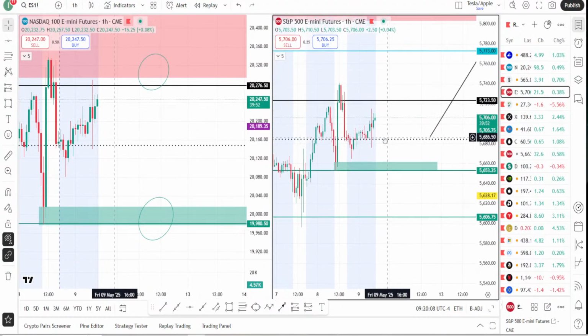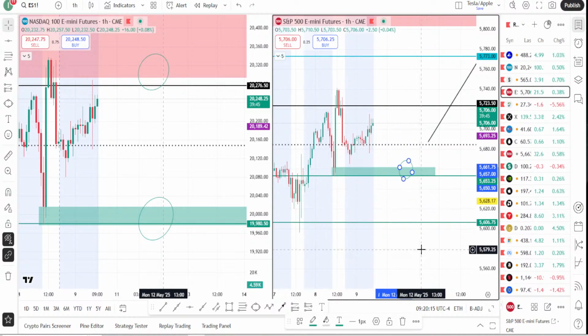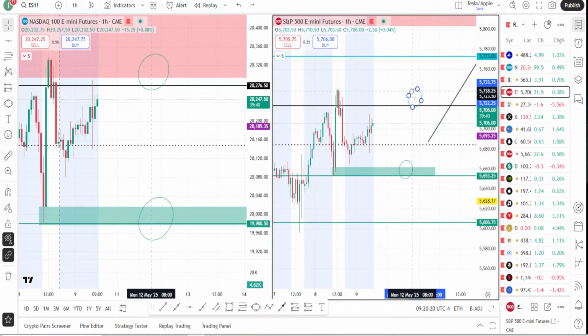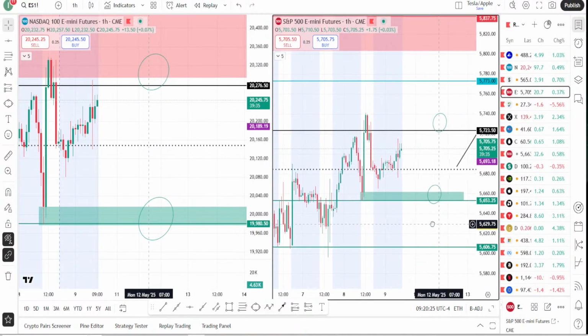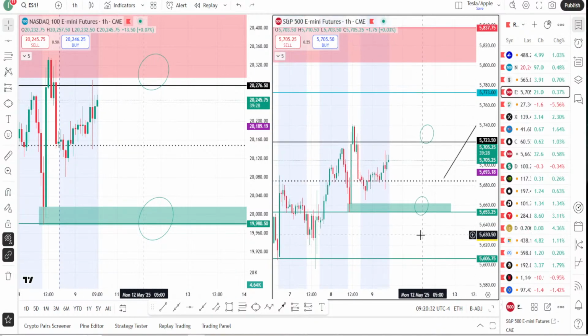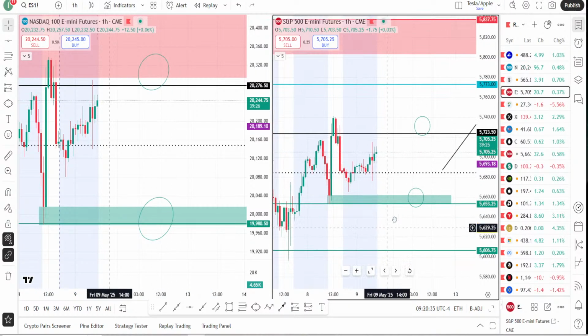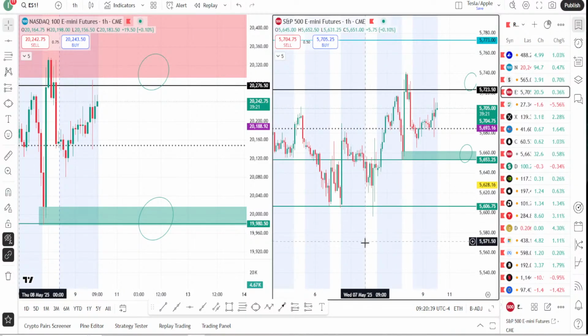Okay, so same thing here on the ES. Looking for buys down here. Or up here, breakout pullback. And last but not least, we need some trend lines.